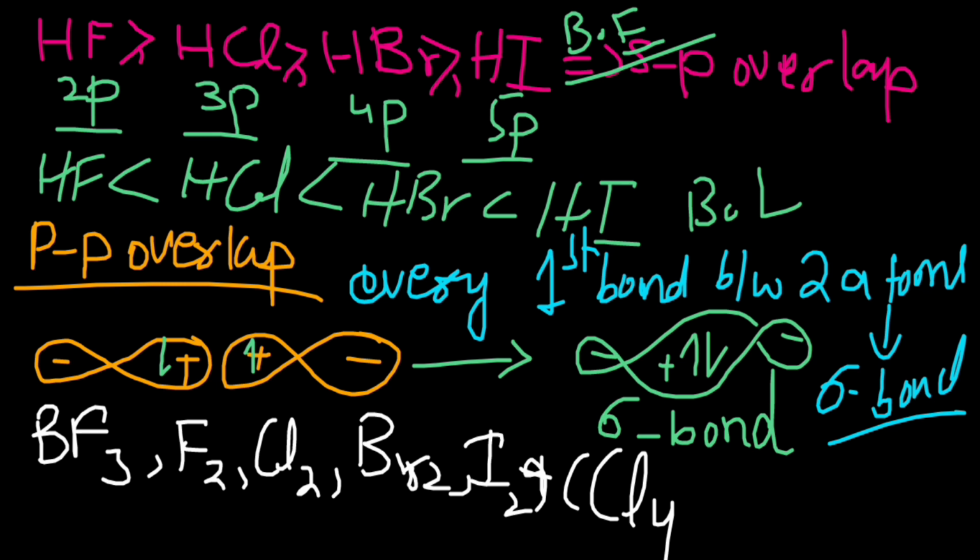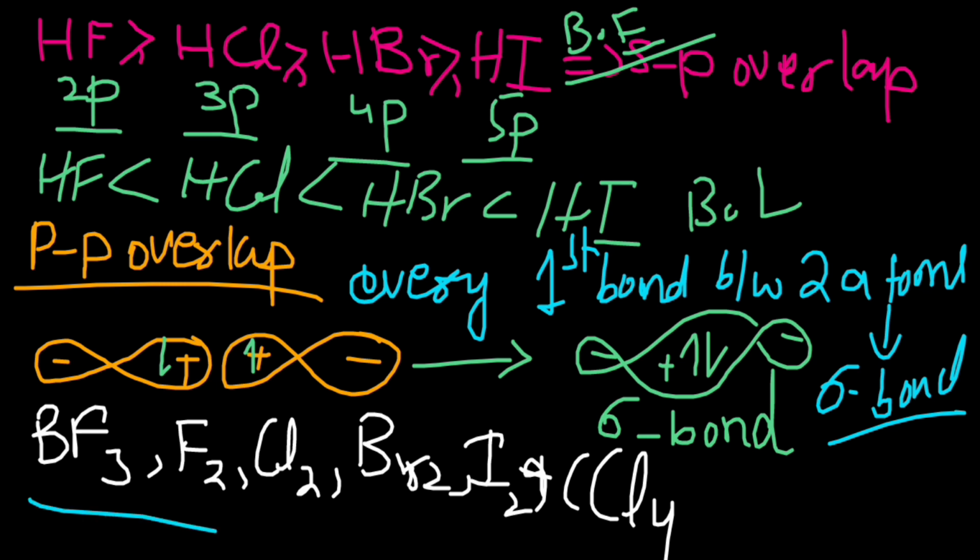If there are three p orbitals available for the bonding, one p orbital, the first bond between the two atoms, pp overlap of two atoms will result in a sigma bond. The remaining two orbitals will result in pi bonds. So the very first bond between two atoms is always a sigma bond.